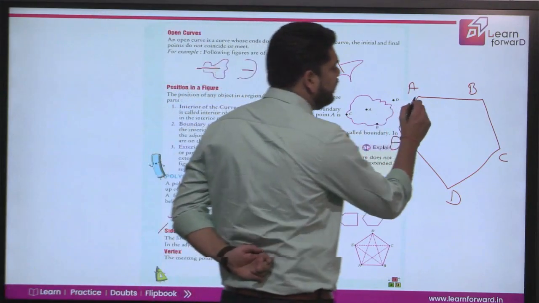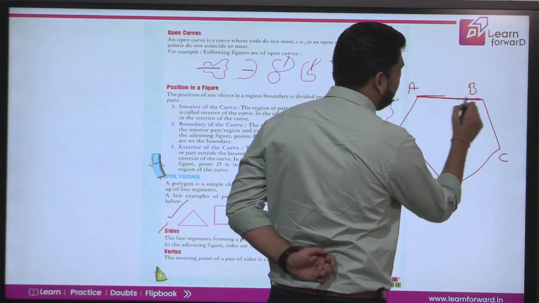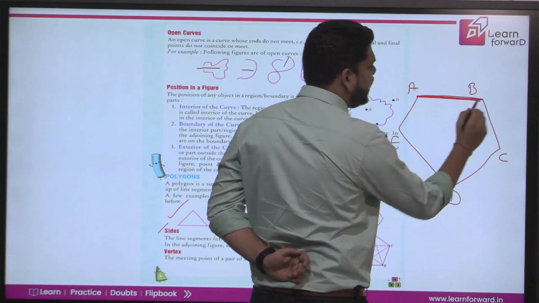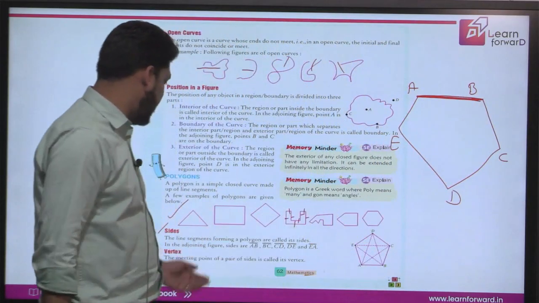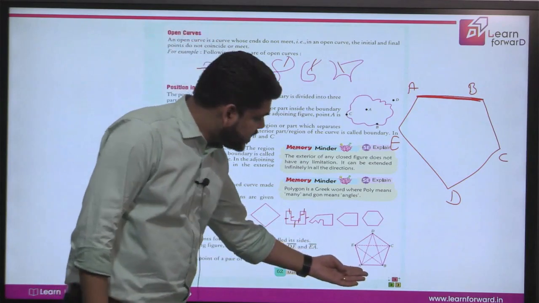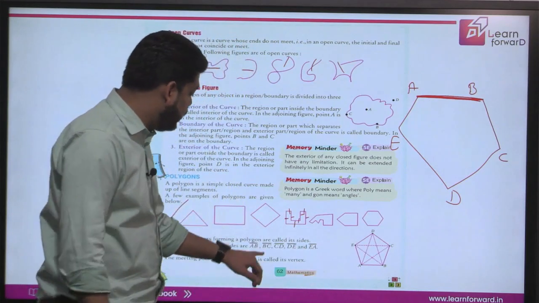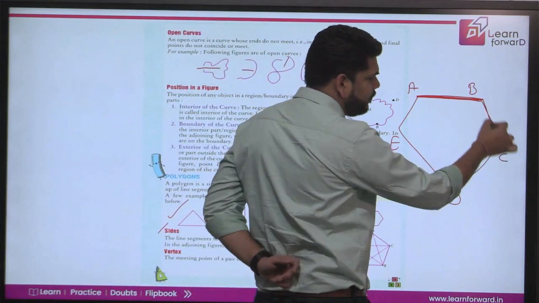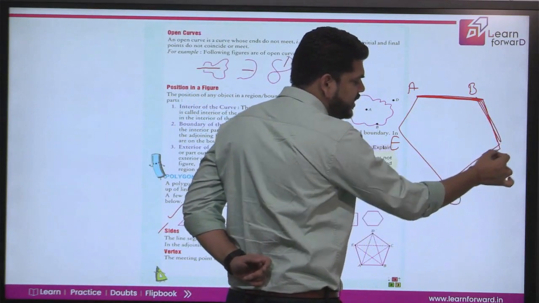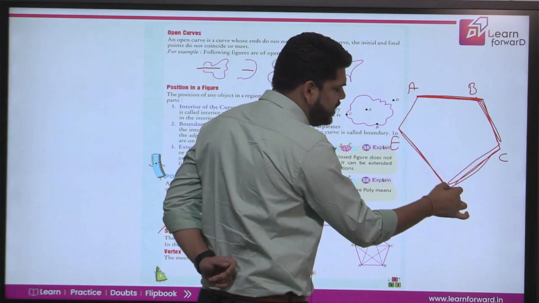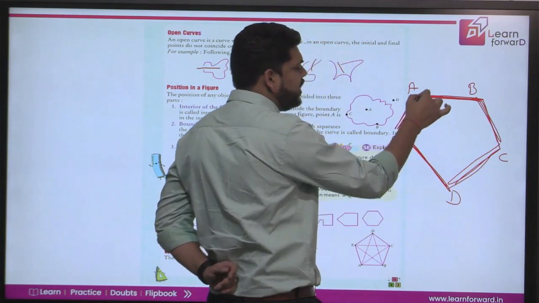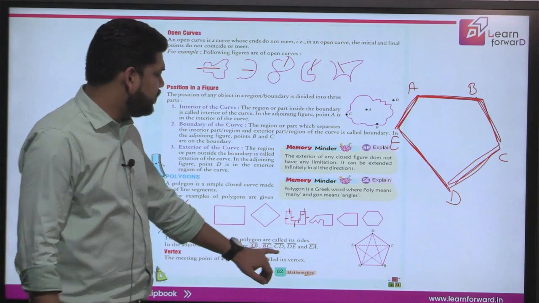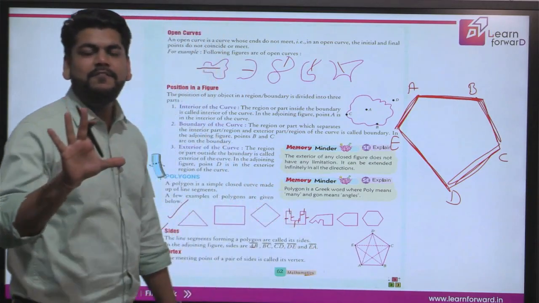This is the side. This is the side. So this is the first side, side AB. Then side BC, then side CD, then side DE, and at last side AE. So this figure has exactly 5 sides.